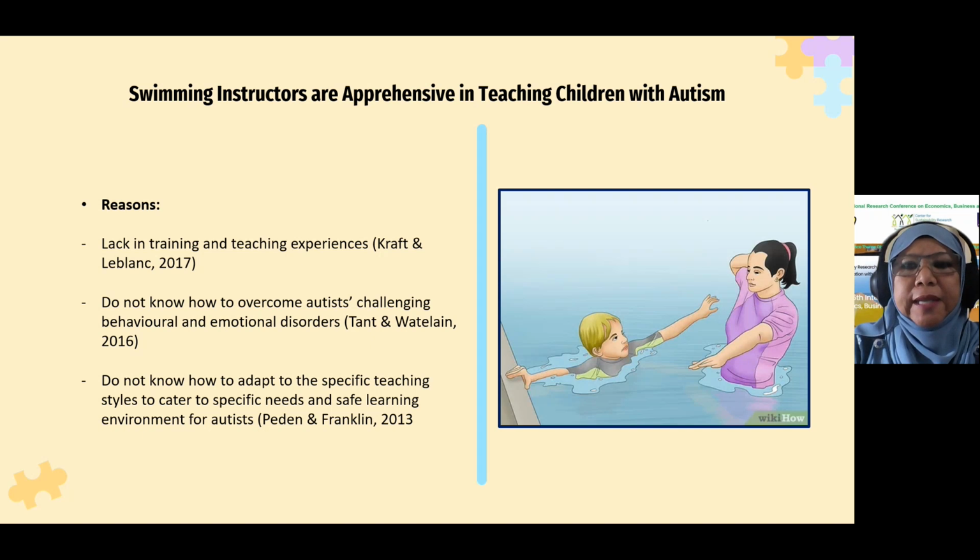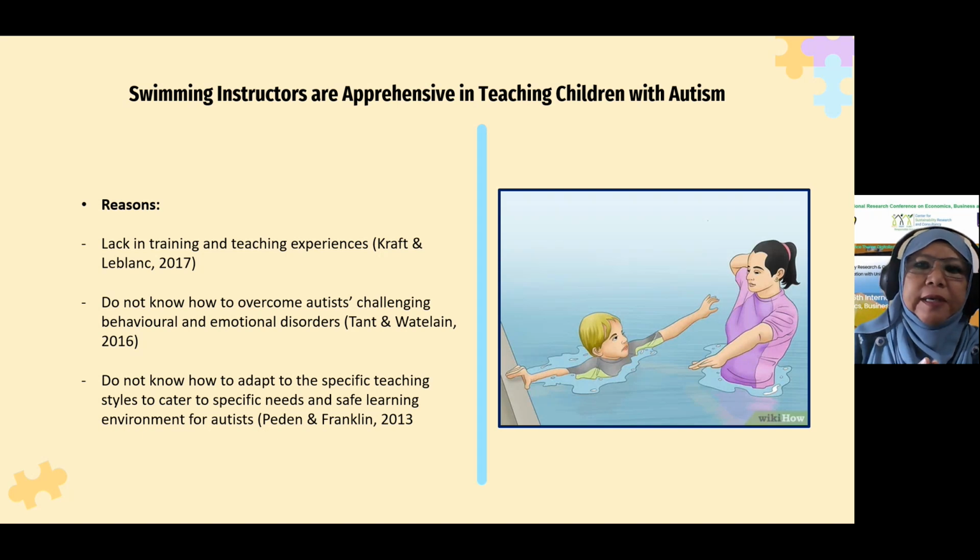Now, we can understand that autistic children especially throw tantrums. Sometimes they can also be aggressive. And why are teachers apprehensive in teaching them?